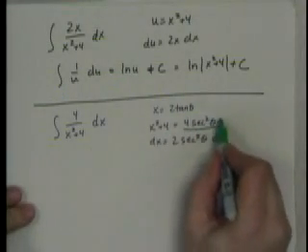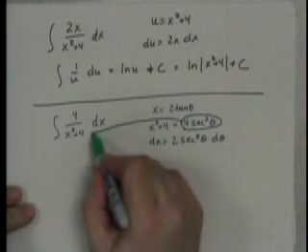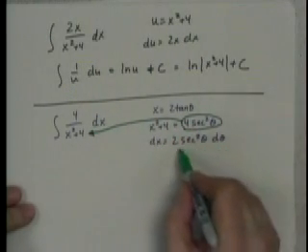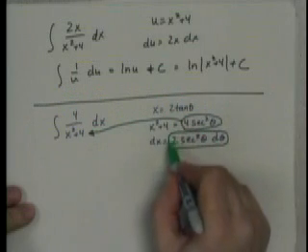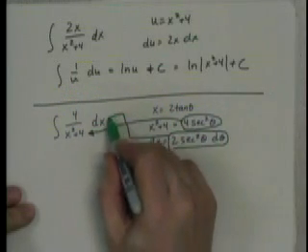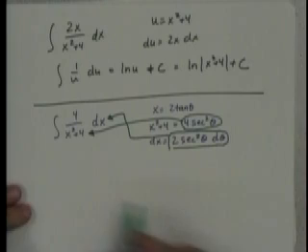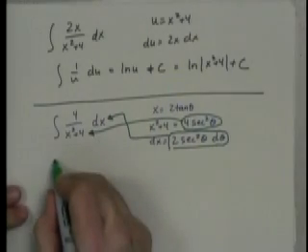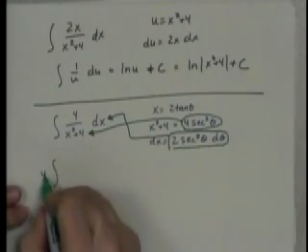So I'm going to use the 4 secant squared as my denominator, and 2 secant squared theta d theta is what dx ends up being. I just have that extra 4 there, so I'll pull the 4 out front.